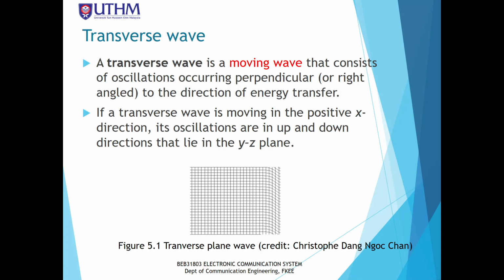That means if the wave is moving from left to right, it will oscillate, for example, up and down, which is 90 degrees from the direction of movement. So it moves in one direction, and at 90 degrees to the direction of movement, it will oscillate. That is what we call the transverse wave. This is also true for electromagnetic waves.